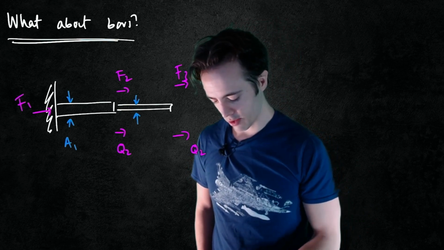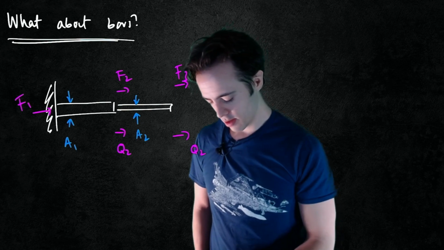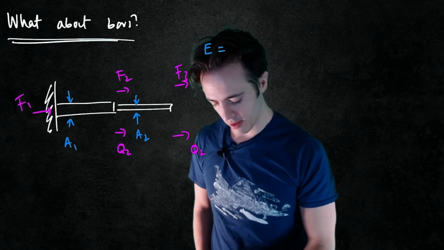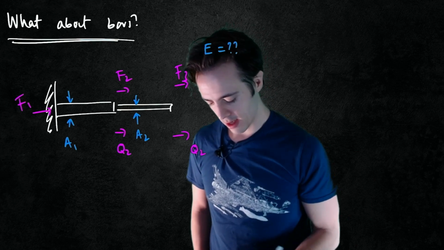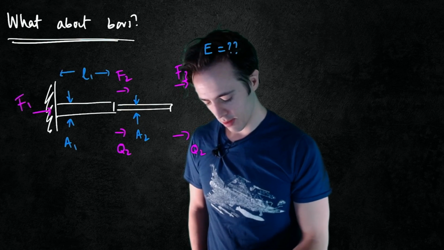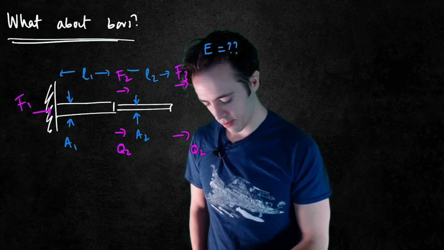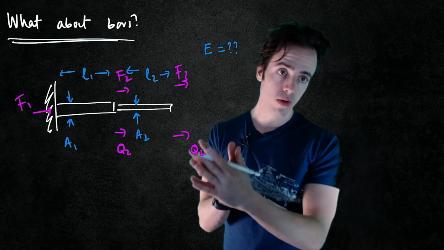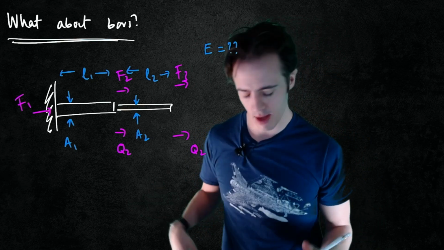This one has a cross-sectional area of A2. They've both got the same Young's modulus, so they're made of the same materials. And then they are two different lengths. We've got L1 and L2. And now this brings us a little bit closer to being able to use the formulation that we've got to solve for truss frames.